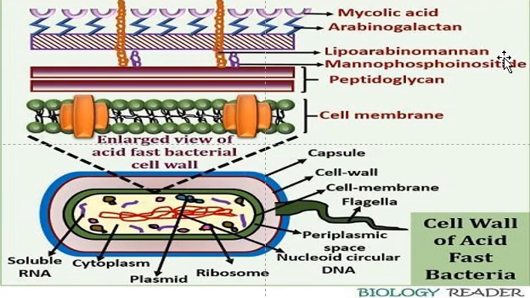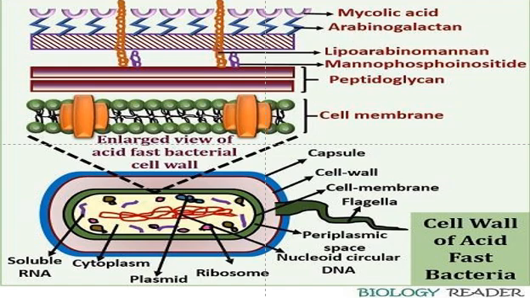For instance, it plays a very important role in maintaining the stability of the cell wall of the bacteria, and it also causes resistance. So for now we will dig deep into it and explore more about it.